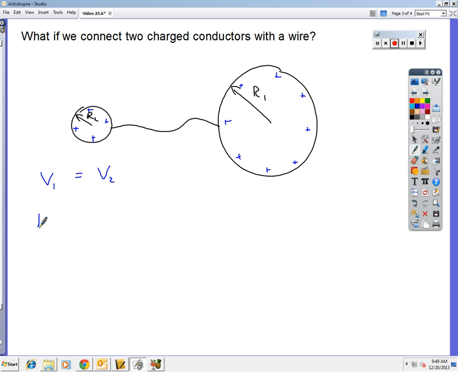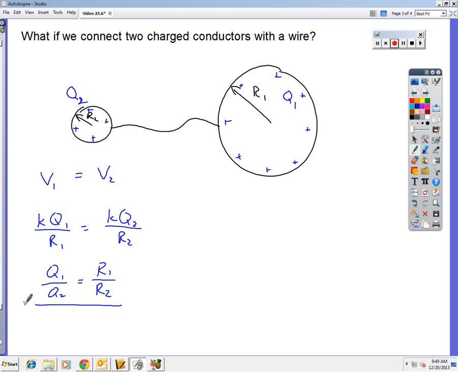If we call the charge here Q1 and the other Q2, then k times Q1 over r1 equals k times Q2 over r2. And the result of that is that Q1 over Q2 equals r1 over r2. So not surprisingly, the larger sphere has more charge than the smaller sphere does.